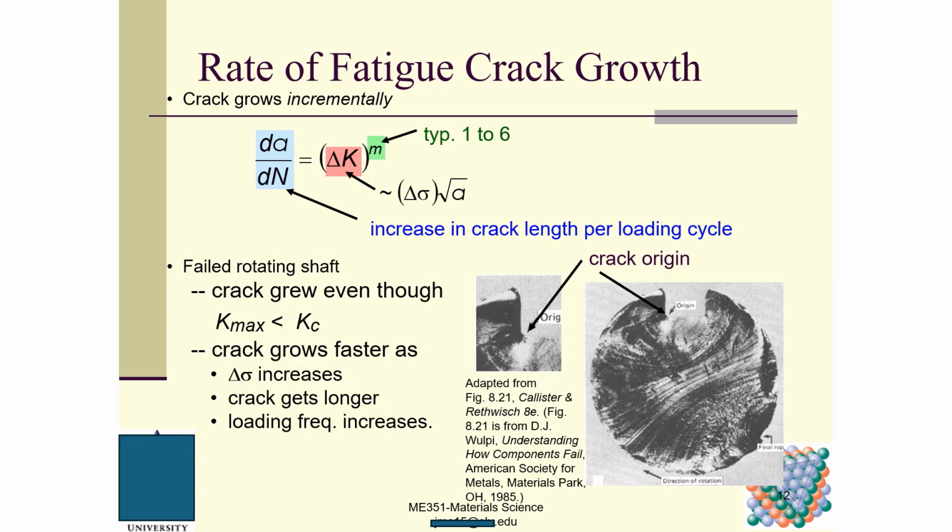Delta sigma is the range of the stress, and the square root of a, where a is the crack length. m is the power of this equation, with a typical value of 1 to 6. And there is also a C here. C and m are material properties, and they need to be determined using multiple experiments.